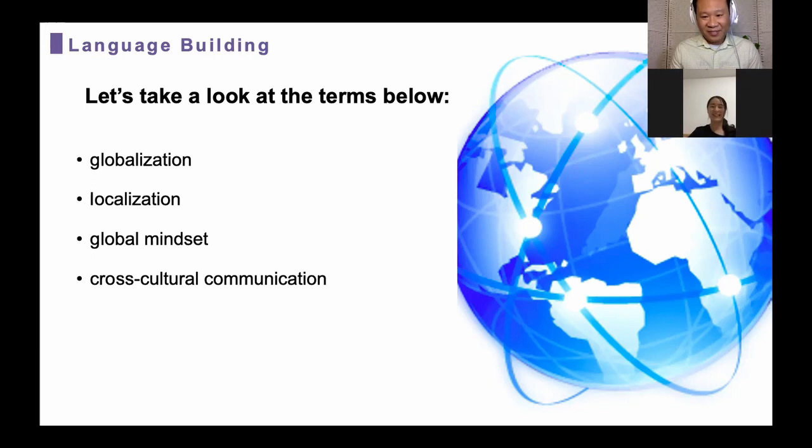Okay, so when we say localization, you could just simply imagine this. Burger King. Have you been to Burger King? Yeah. The last time you went to Burger King, you noticed that there were some Chinese menus, right?